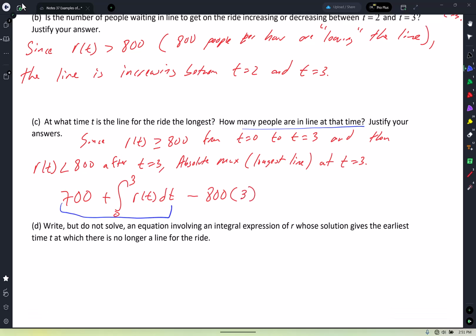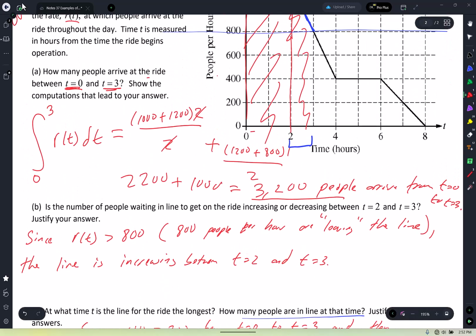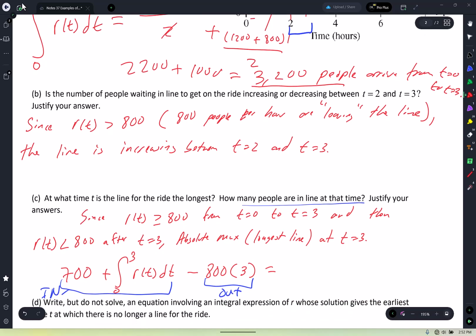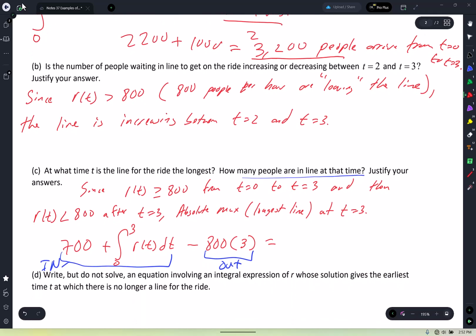So let me go ahead and put this for good notes. This is in, and this is out. Do you guys see that? All right, so here's the answer. 700 plus 3,200 is 3,900. So 3,900 minus 800 times 3, which is 2,400.